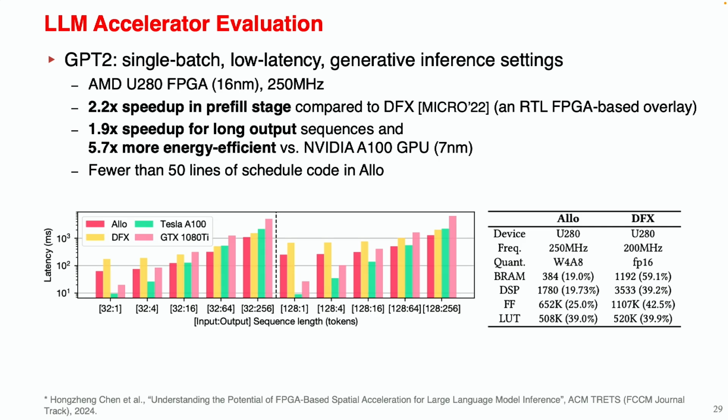So I was wondering whether you have some references where we could find other comparisons. Yeah, sure. I think most of the experiments and comparisons are included in our FPGA and FCCM papers. So if you are interested, you can refer to those papers for more details.